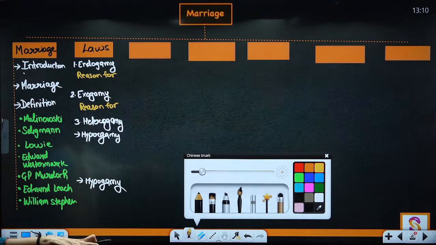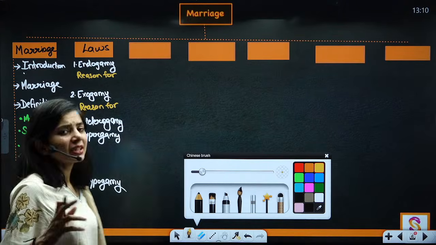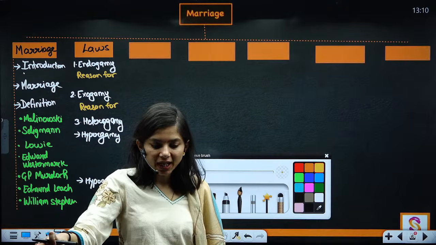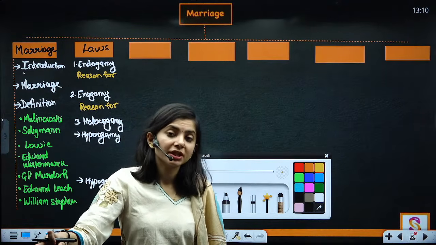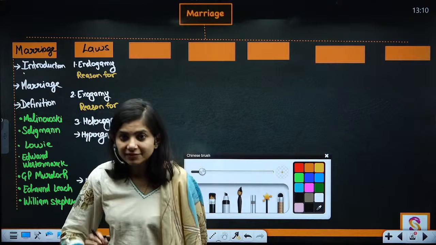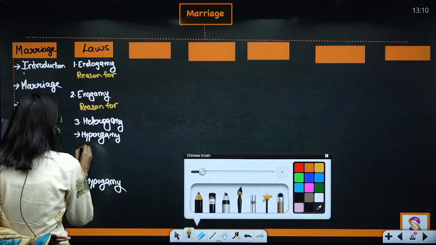In terms of hypergamy, we are going to write down the basic reasons for the prevalence of hypergamy and what could be the consequences. So we should have some points for the same: reasons and consequences.